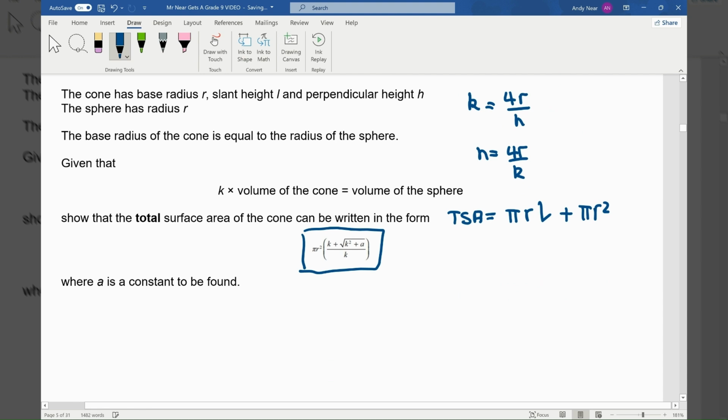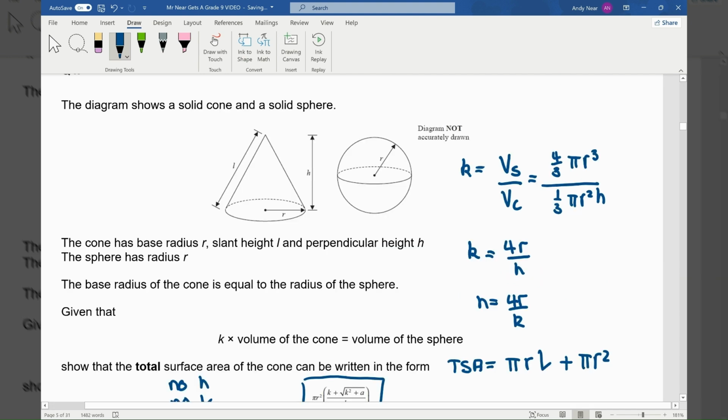Now, the important thing here is this expression in the box does not have any h's in it. It does not have any l's in it. It only has k's, an a that we need to find, and r. So, on the diagram here, we have a right-angled triangle that is the radius, the perpendicular height, and the slant height.